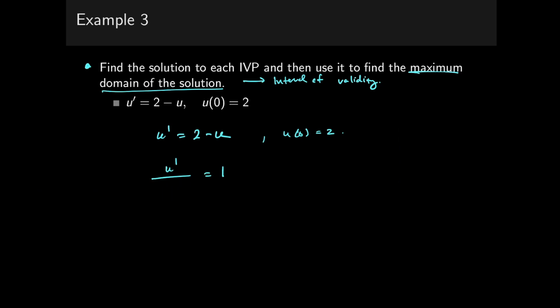Here's where we need to discuss our interval. At this point, we have made an assumption by separating these two variables, right? What assumption have we made at this point?